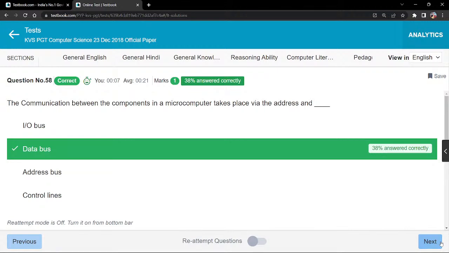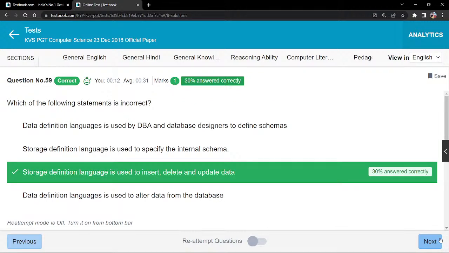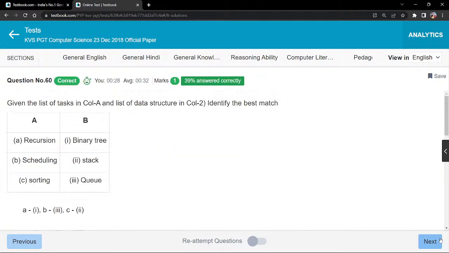And the communication between the components in a microcomputer takes place via the address and data bus. Which is incorrect? Data definition uses insert, delete, update. That is incorrect.